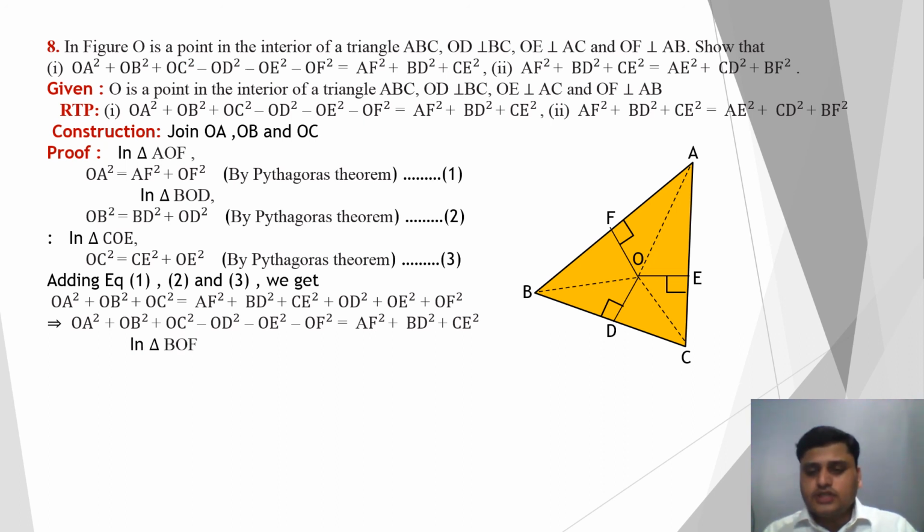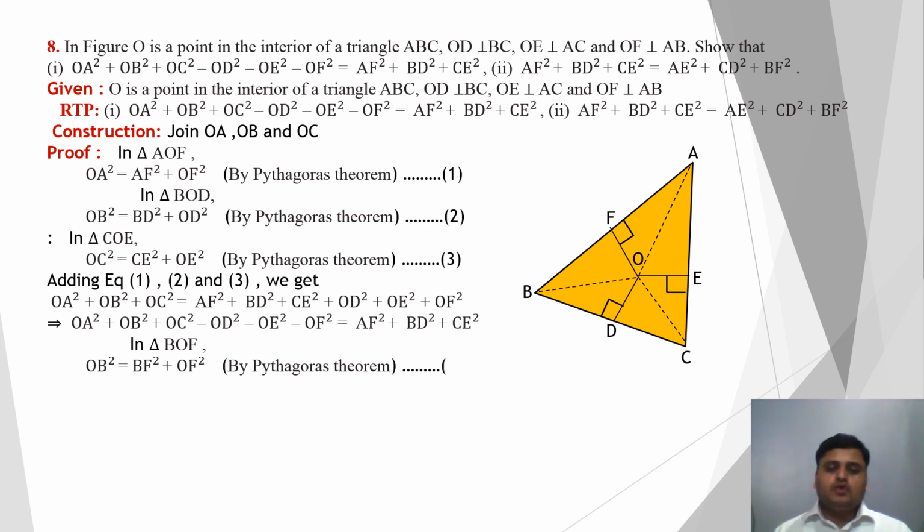In order to prove the second part, we take the triangle which was left, triangle BOF, and in this triangle we use Pythagoras theorem, that is OB square is equal to BF square plus OF square, by Pythagoras theorem, and we assume this one as equation number 4.